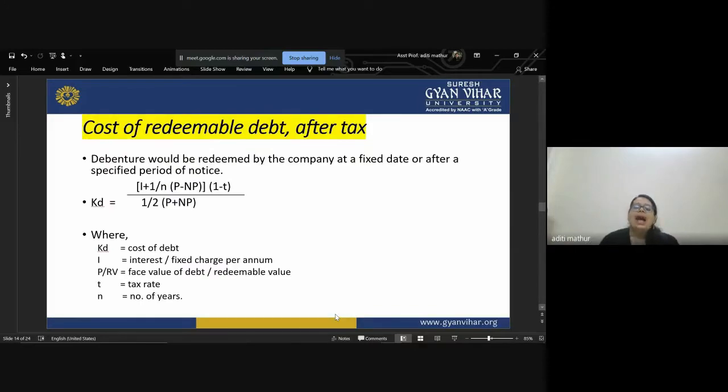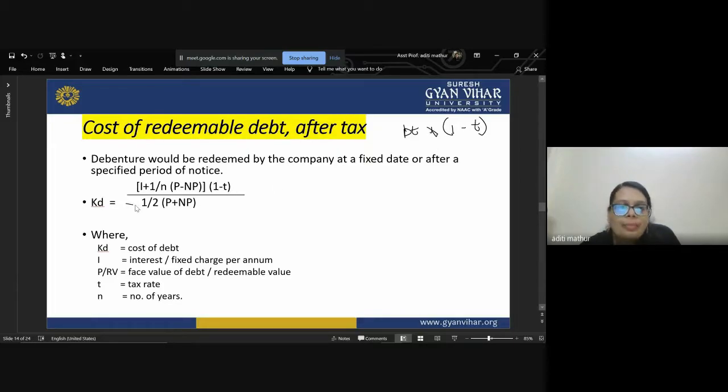So now let us just understand the formula for the calculation of cost of redeemable debentures, but this time after tax. The same rule applies. That means calculate it before tax and then multiply it by 1 minus t.